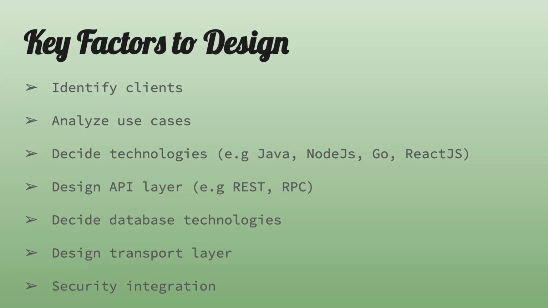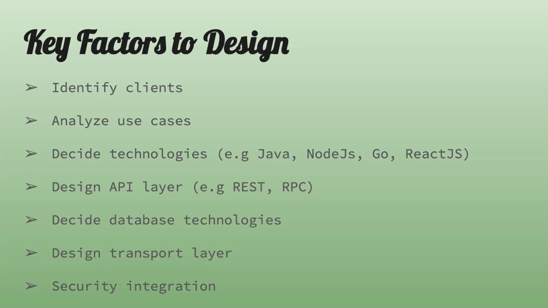Likewise, for web development, like front end services development, we can use React.js, or the Django framework, or the Angular framework. So we need to decide which technology to use, since these technologies have specific attributes. And next, we need to think of the API layer.